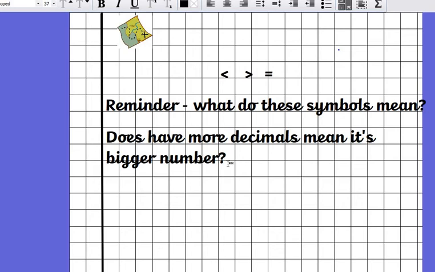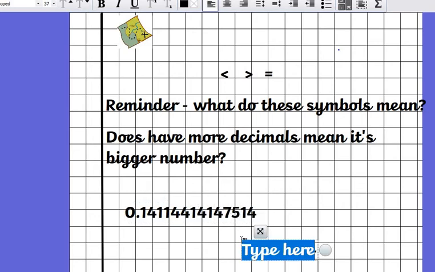Bit of a question here. Have a thought at home. Does having more decimals mean it's a bigger number? Does this number with all these decimals make it a bigger number than this, which has only got 3 decimals? Which is the larger number?